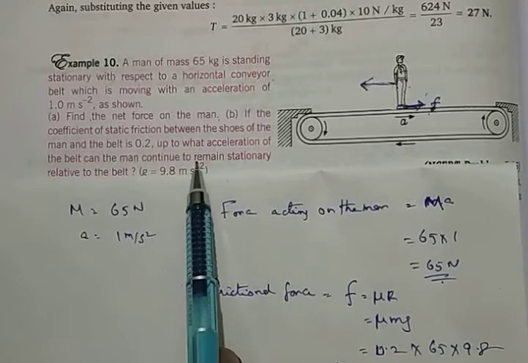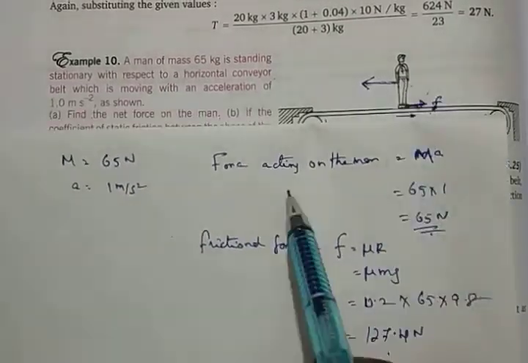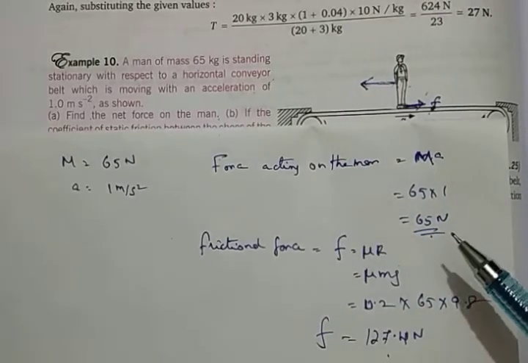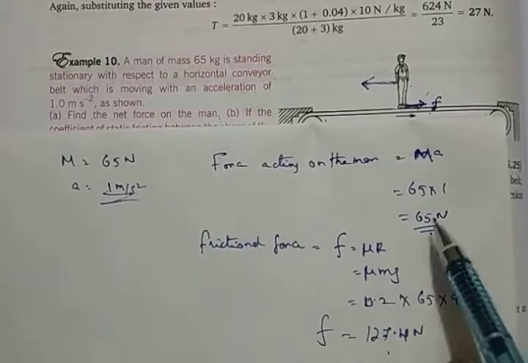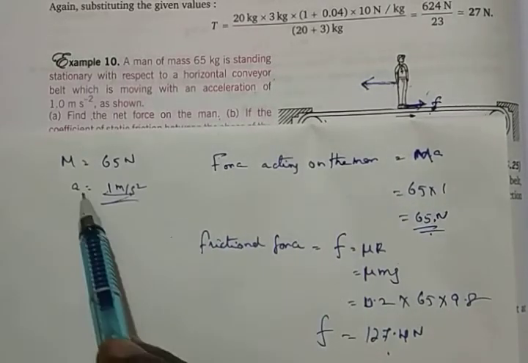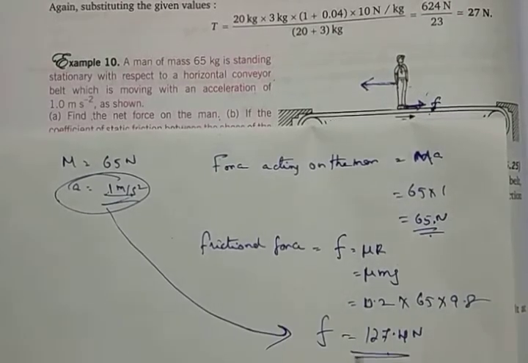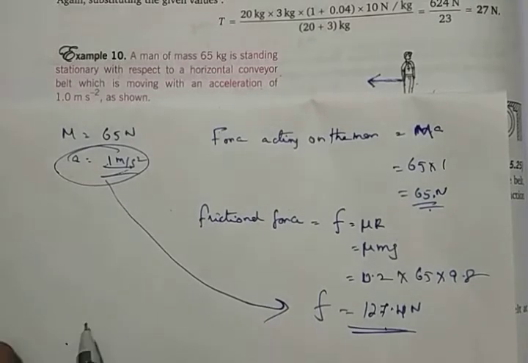Now if the man has to fall, how much should be the maximum acceleration? 1 meter per second square is a very tiny acceleration, only 65 newtons is being created. How much acceleration should there be so that it can go up to the frictional force of 127.4 newtons? So you have another calculation.